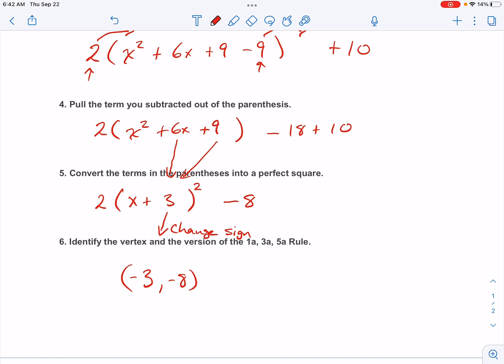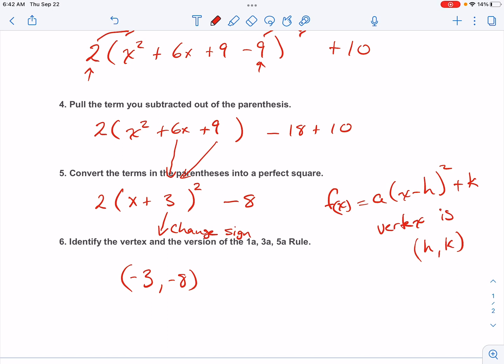Let's see, vertex form can be written as the form a(x minus h) squared plus k, where the vertex is (h, k). Notice we changed the sign on that h.